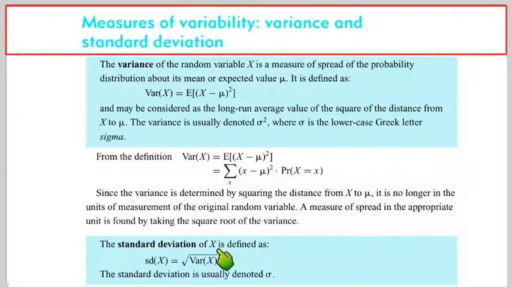So once you can work out the variance, the standard deviation is very easy, guys. That's why I said they were very similar in how you work them out. The standard deviation is denoted by sigma, and the variance by sigma squared.